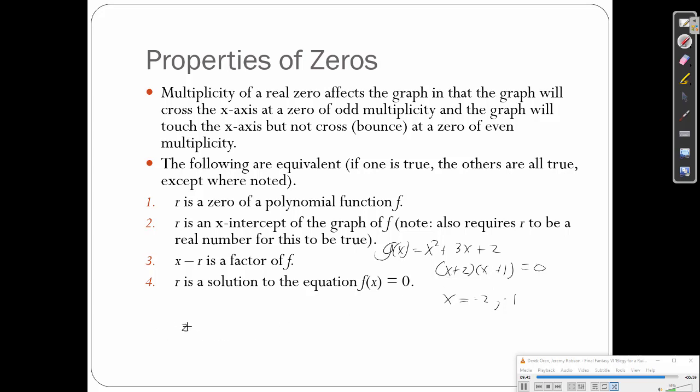Similarly, if I had the zeros of, say, 3, 4, and negative 1/3, I would have to have factors in my function of x minus 3, x minus 4, and x minus 1/3, so x plus 1/3. There's no way to have these zeros in a polynomial function without these factors. That's what this theorem is saying, and that's what we're going to do in our first set of exercises.